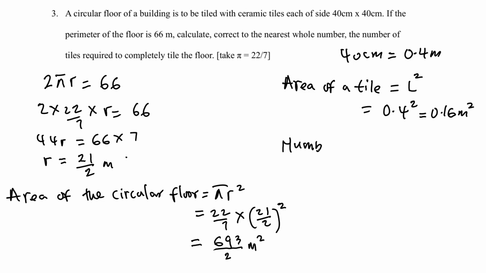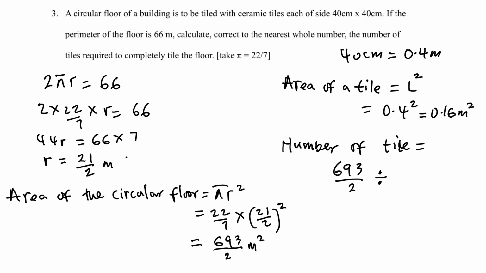Now, the number of tiles required to tile the floor equals to the area of the circular floor, which is 693/2, then divided by the area of one tile.